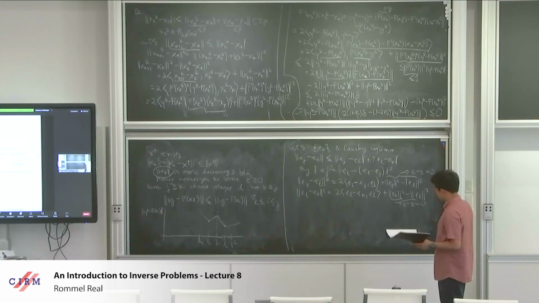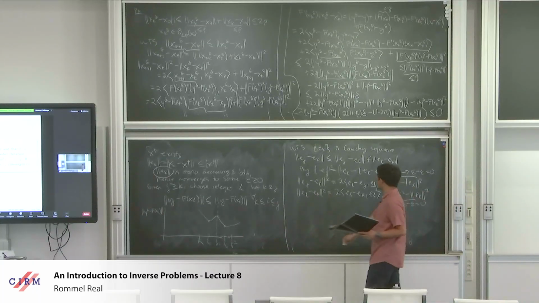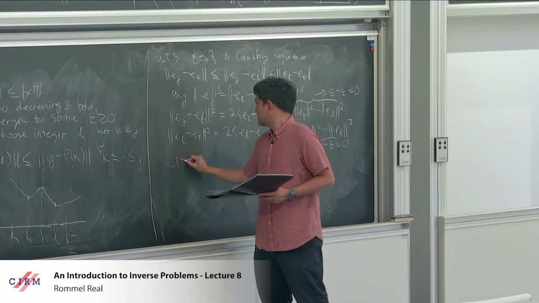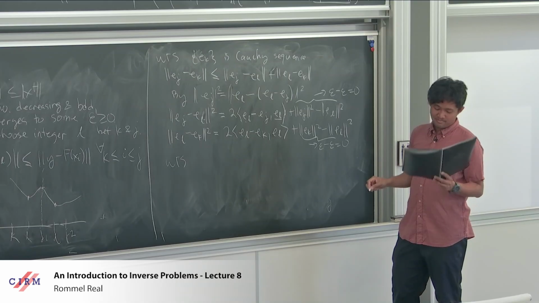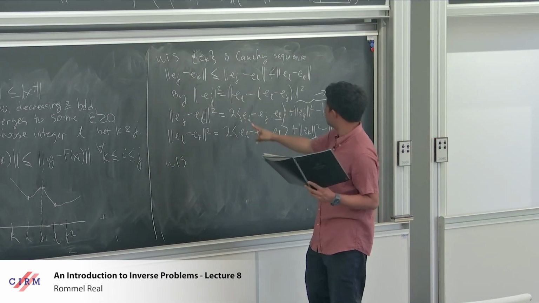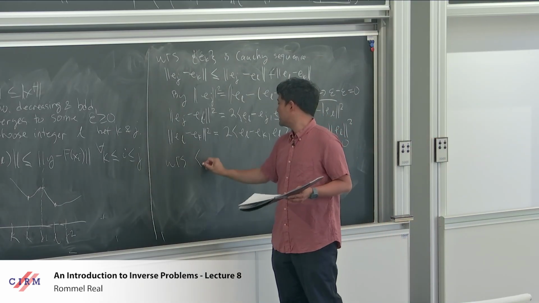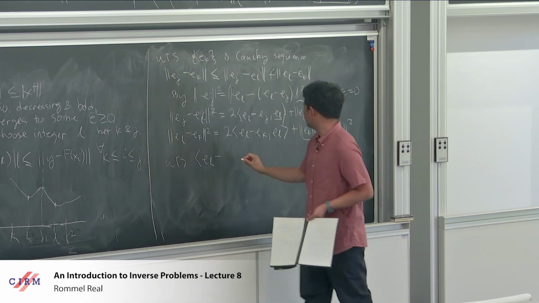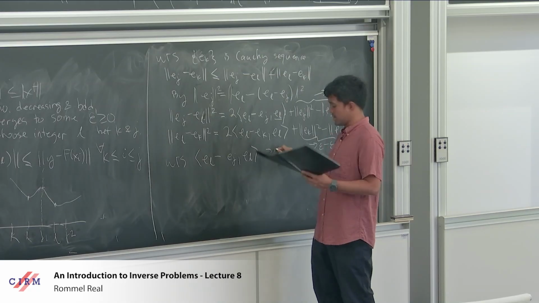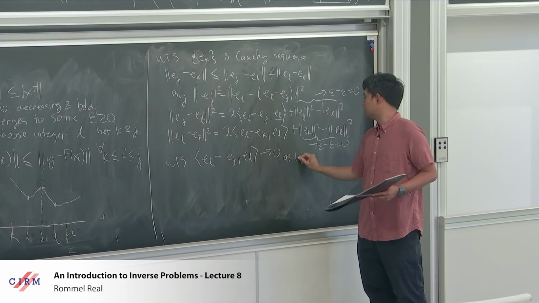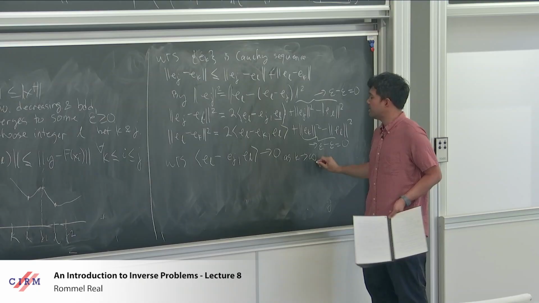So we are left to show that these two inner products must also converge to 0. In particular, let's just show the first inner product here. This one must converge to 0 as k goes to infinity.